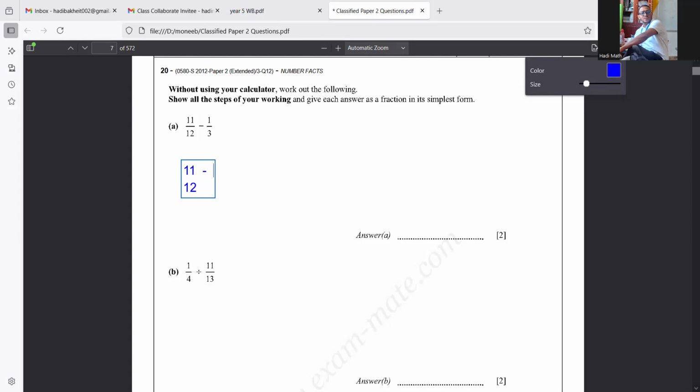Minus, multiply 4 up and down is going to be 4 over 12. So to make common denominator, that is equal to 7 over 12. This is your final answer. It is 7 over 12.